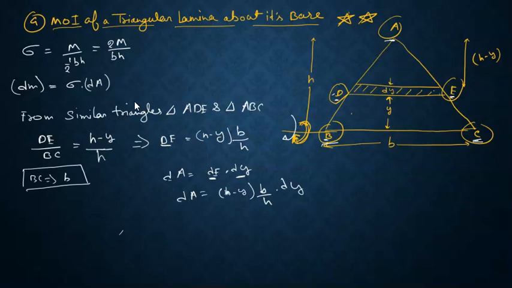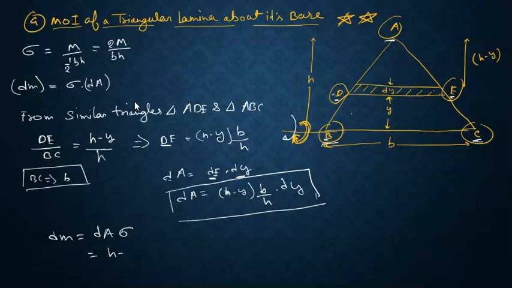So this is the value of dA. Now we can easily find the value of dm. The elementary mass of the strip equals dA into sigma, that is (h minus y) into b by h into dy into 2M by b h.